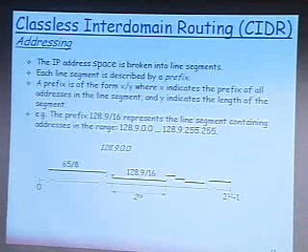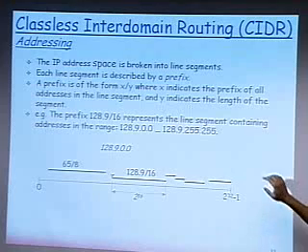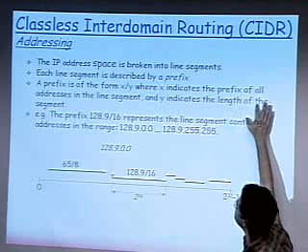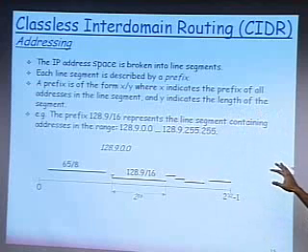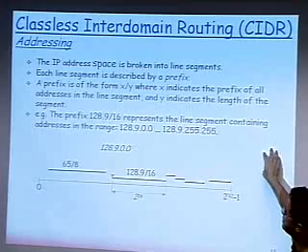The address space is now broken into line segments. Each line segment is going to be described by a prefix of the form x/y. X will indicate the prefix of all addresses in that particular line segment. So a line segment is going to determine a network, and it's described in the form x/y.